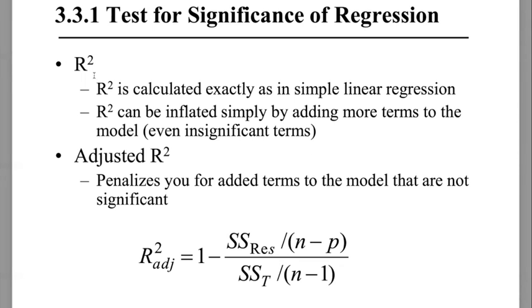It's denoted R squared because in the case of simple linear regression, it's the square of the correlation coefficient between your response and your single explanatory variable. So again, the R squared value, the coefficient of determination, gives you the proportion of the total variability in the response that is accounted for by your regression model.